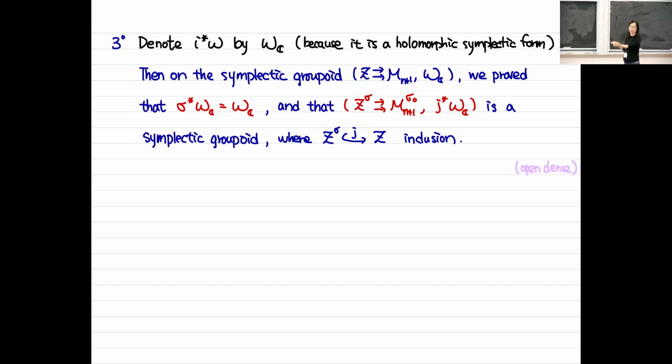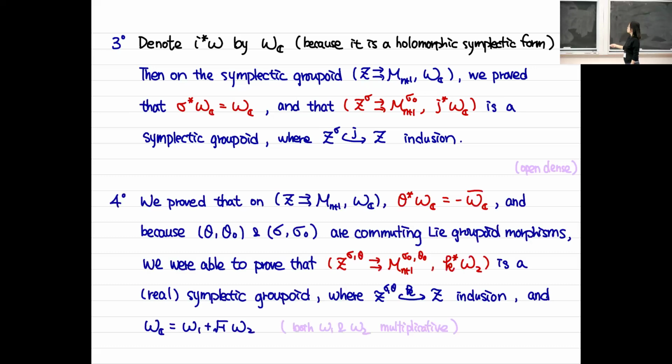Then you want to apply the other symmetry, right? But for the other symmetry, it's not a symplectomorphism. In fact, when you pull it back by theta, it's minus the bar. For a holomorphic symplectic form, you can write it as omega 1 plus i omega 2, where omega 1 and omega 2 are both real-valued symplectic forms.